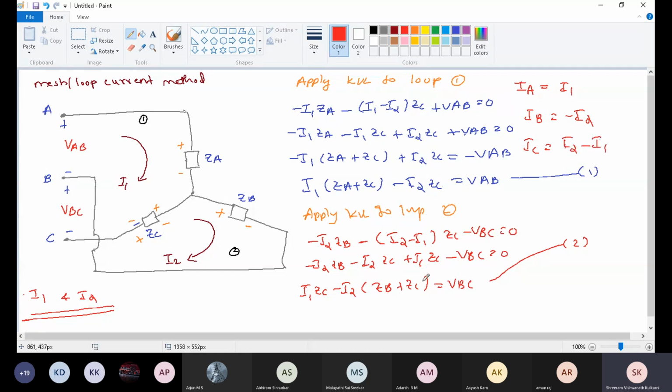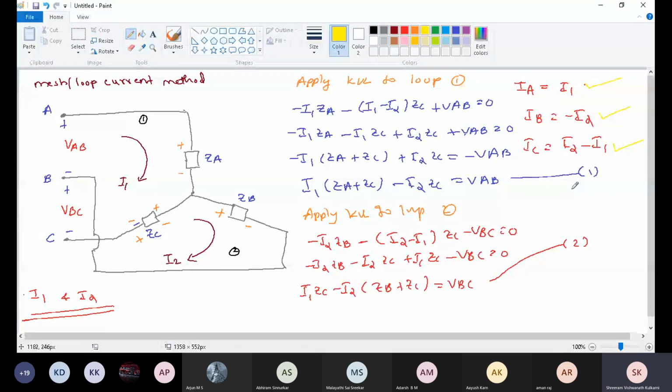After simplifying these two equations, I get Ia equals I1, Ib equals minus I2, Ic equals I2 minus I1. Then the phase voltages can be obtained by multiplying the phase currents by the impedances.